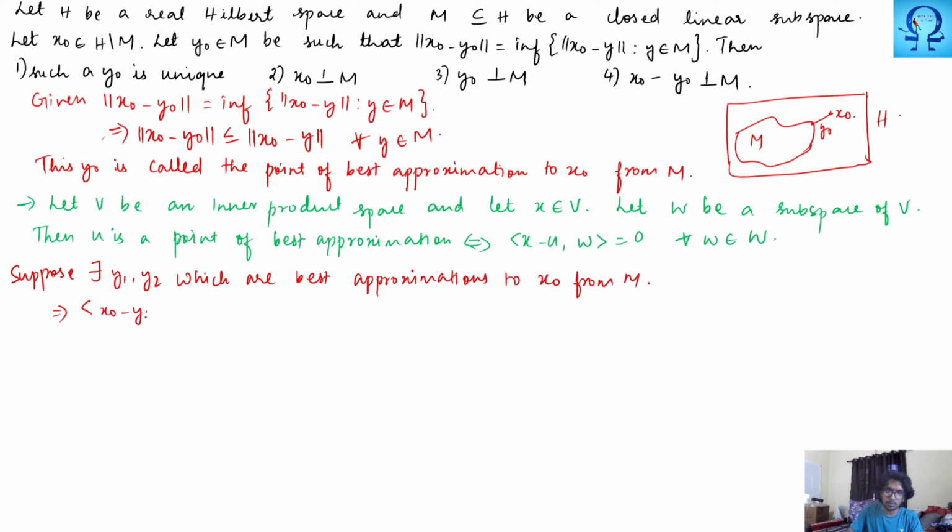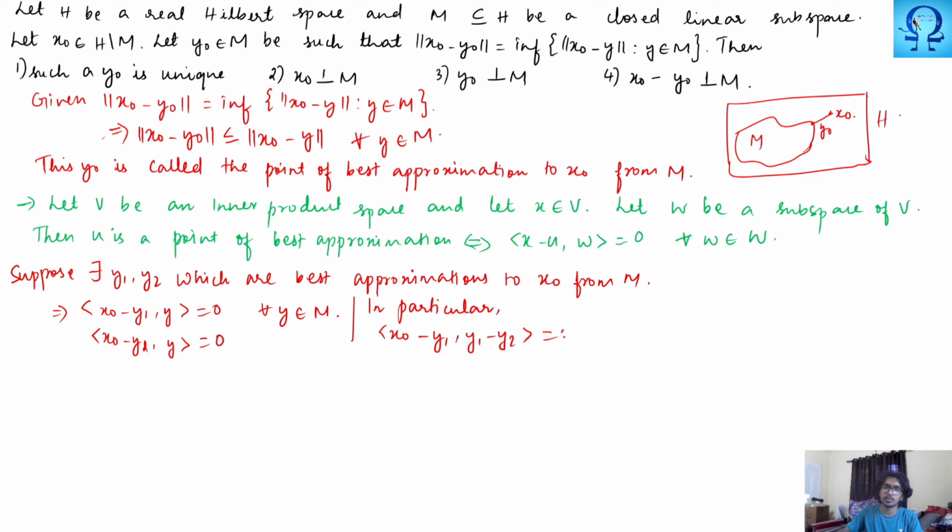The inner product of x naught minus y1 comma y equals 0 for all y in M, and similarly x naught minus y2 comma y equals 0 for all y in M. In particular, x naught minus y1 comma y1 minus y2 is 0, which is the same as x naught minus y2 comma y1 minus y2.